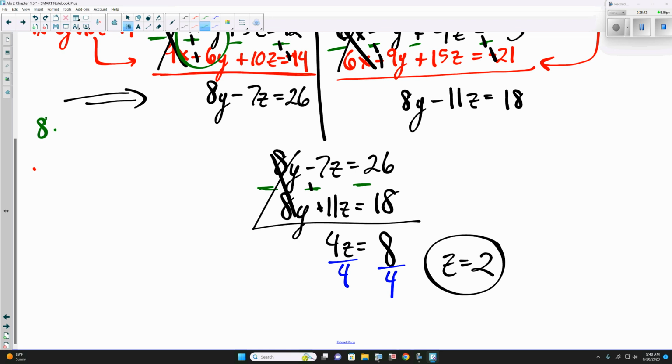So if we pick the one on the left, 8y minus 7, but we know what the value of z is. The value of z is 2. 7 times 2 equals 26. Wait a minute. 7 times 2 is 14.